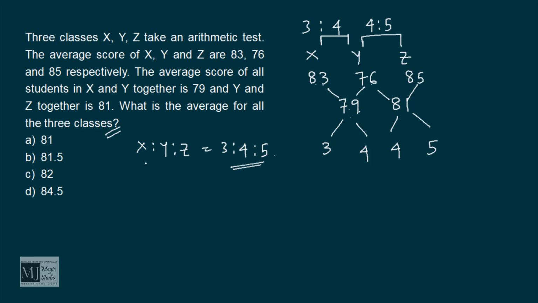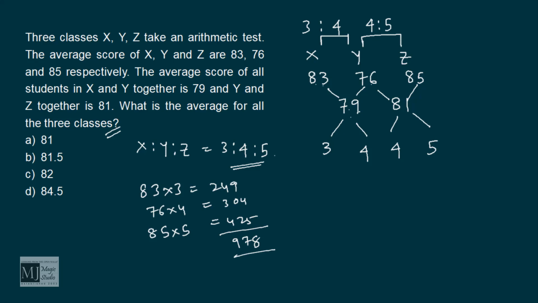The number of students in these classes is 3 to 4 to 5. So what should be the average score? The average score should be 83 into 3 plus 76 into 4 plus 85 into 5. Let me do this. This is 249, 304, 425, which should add up to 978.